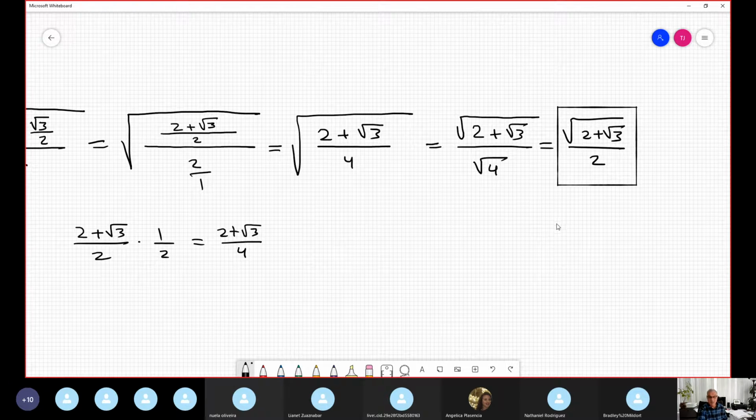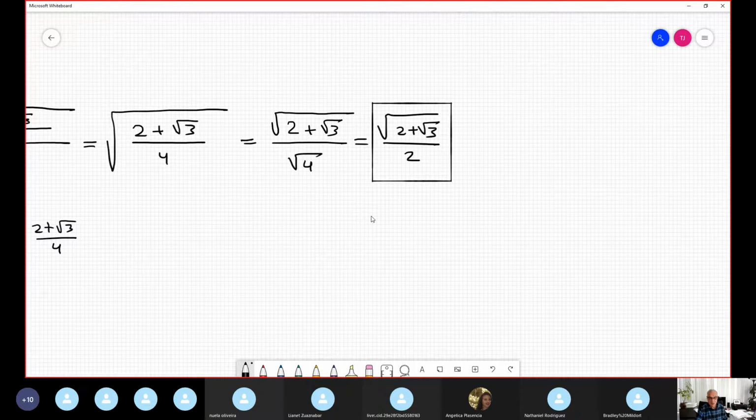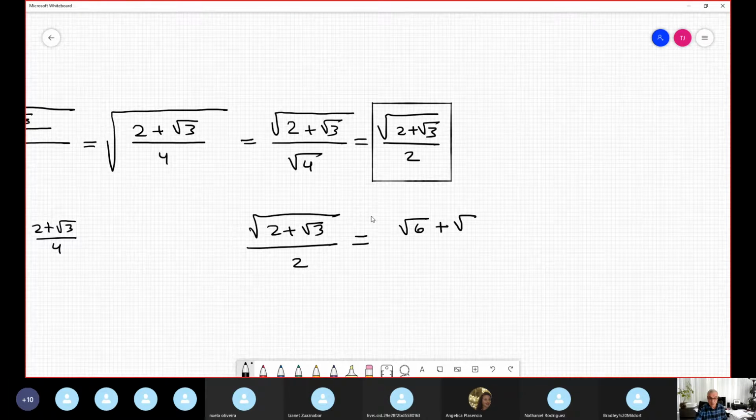However, sometimes it happens, but this is completely irrelevant, that the sophisticated calculator offers a different answer. For example, 2 plus radical 3 over 2 is equivalent to radical 6 plus radical 2 over 4.